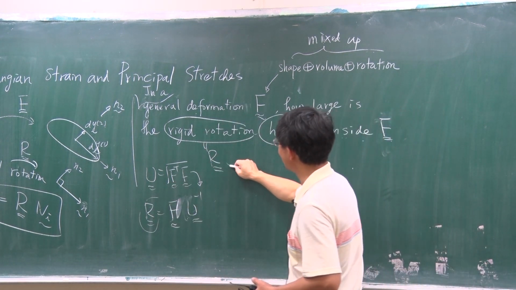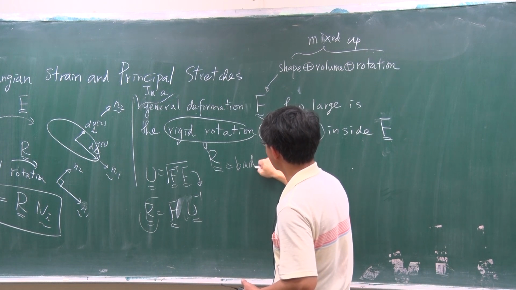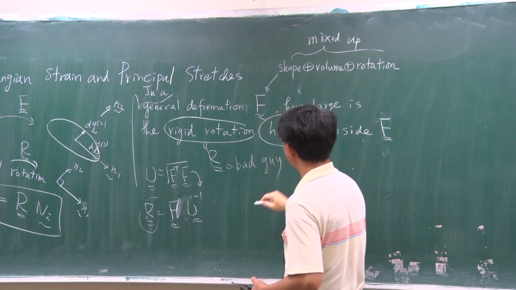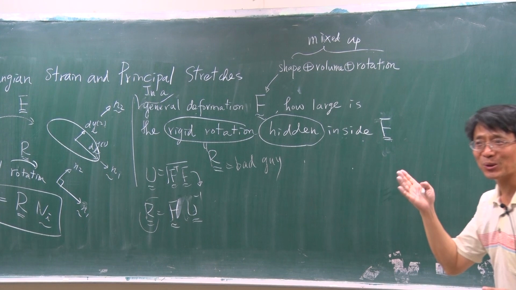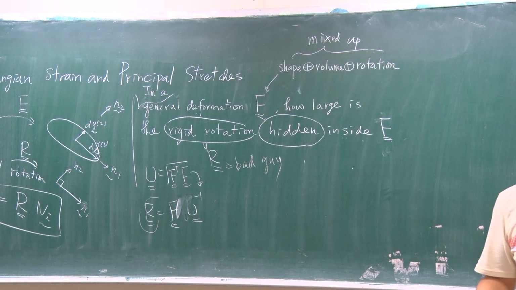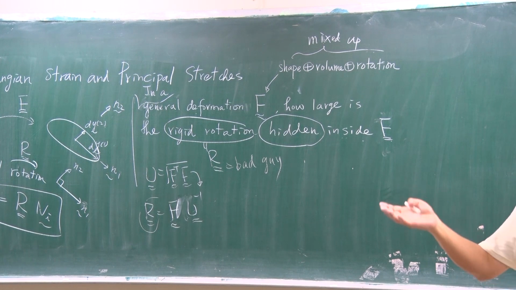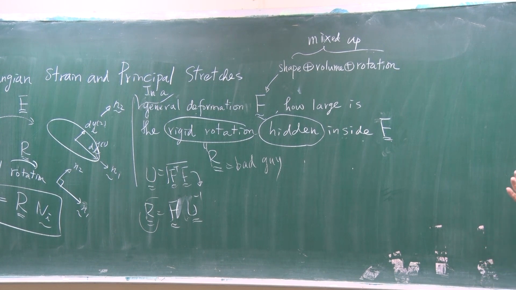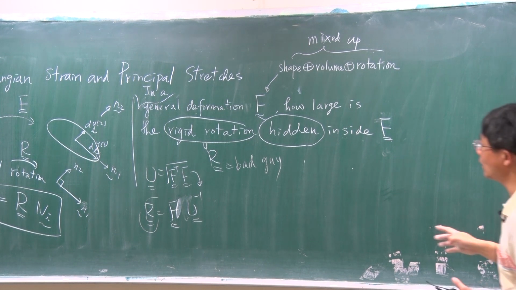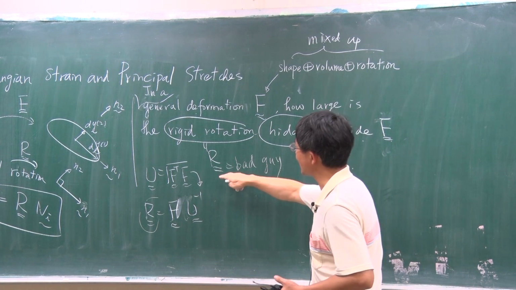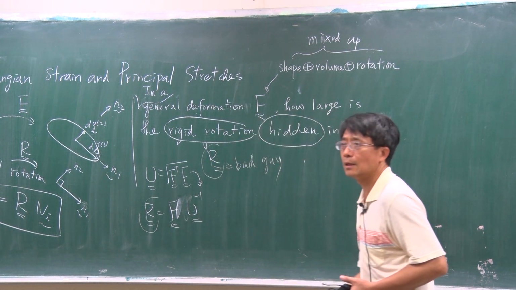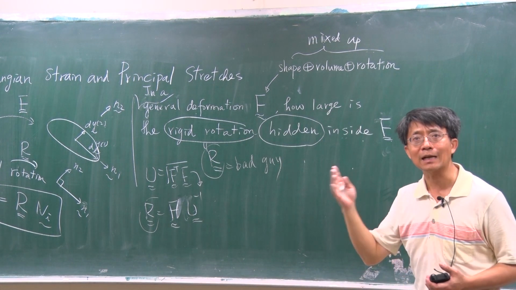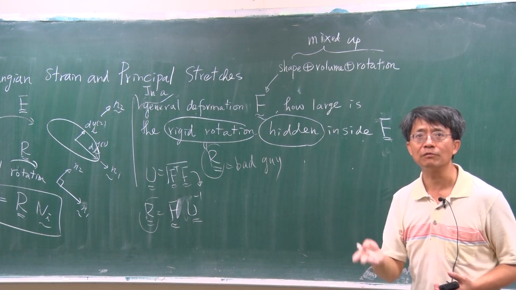This is the bad guy. Very bad. So since it is a bad guy, we want to get it off. If we delete this part from F, then we get the pure deformation. Understand? This is the main idea. We first identify who the bad guy is. Now we have already done it. The second step is we want to cut it off.